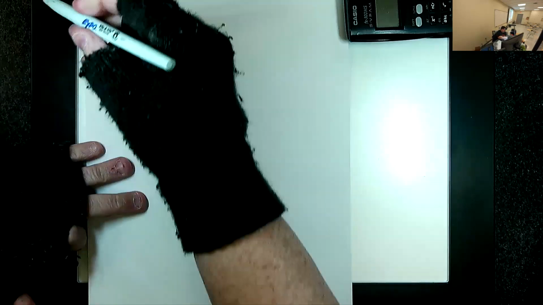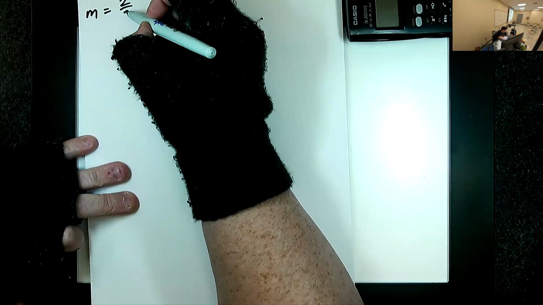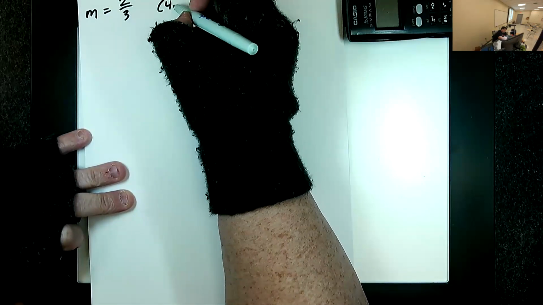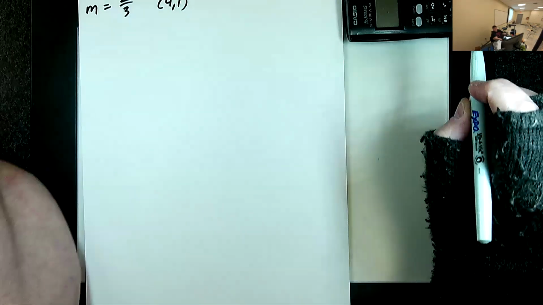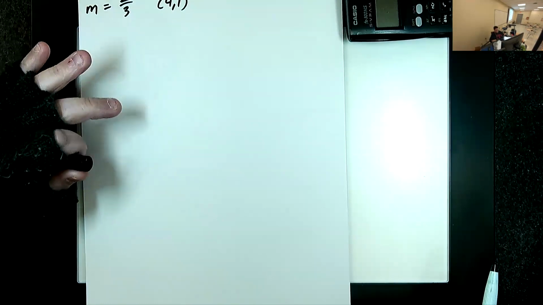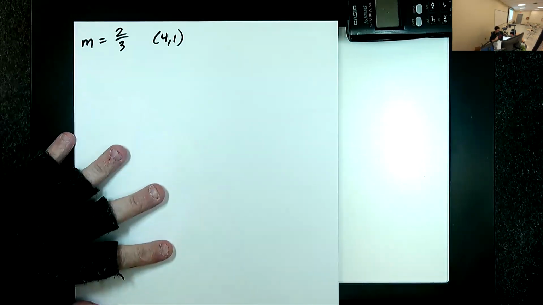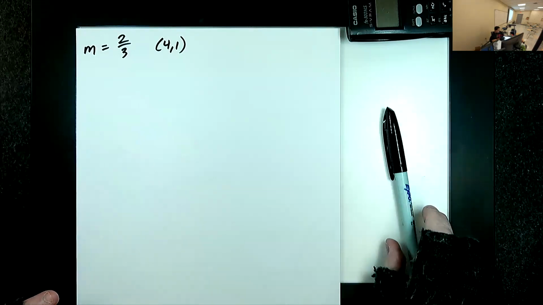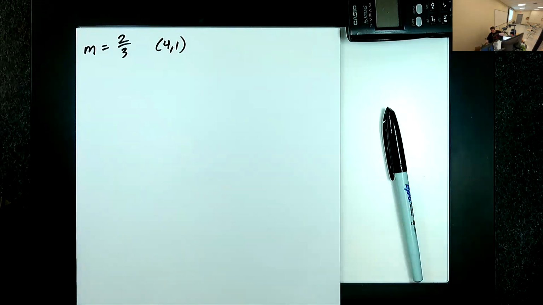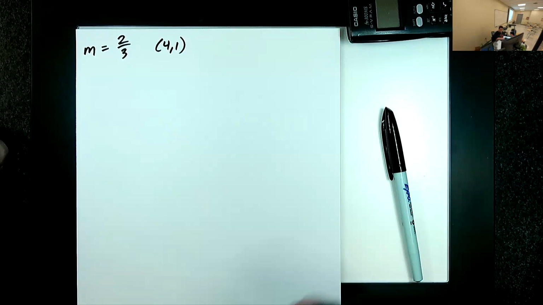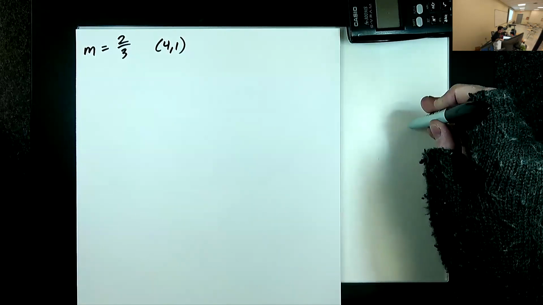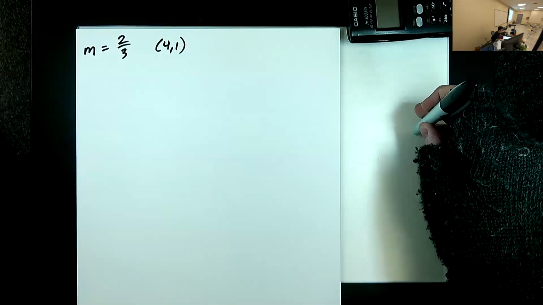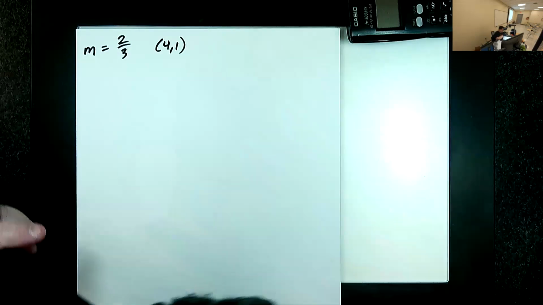So let's start with m equals 2/3 and the point (4, 1). Bring the paper down. So let's graph it.